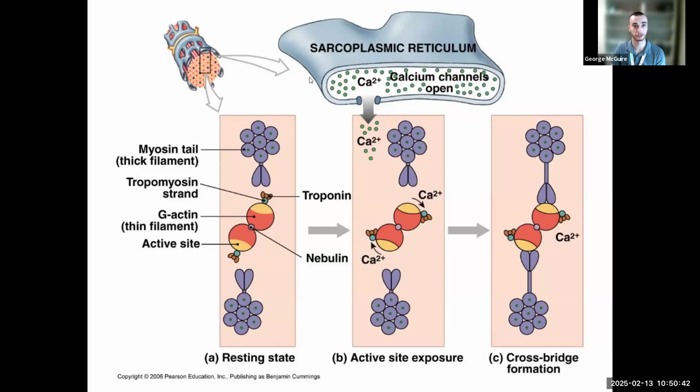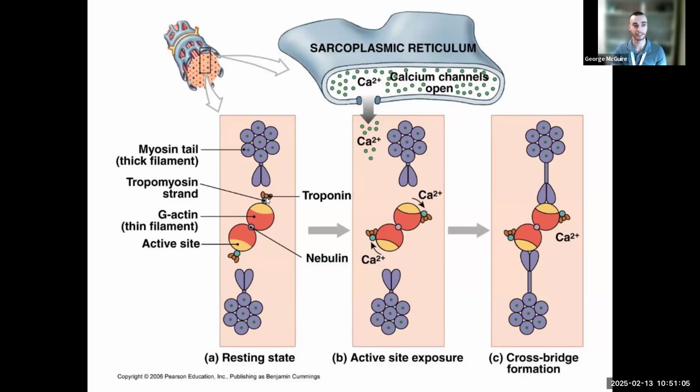So as the action potential reaches those terminal cisterns, that is going to cause the release of calcium, which, as I mentioned earlier, is super important for allowing muscle contraction. Its job is to bind with that troponin protein, which is going to cause it to change shape and move to the side, which pulls that rope-like tropomyosin out of the way.